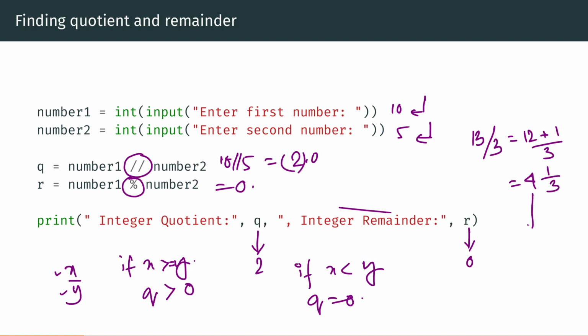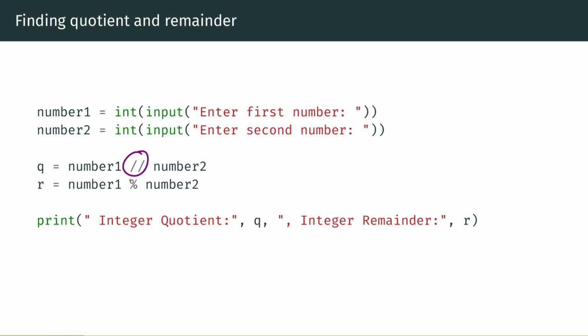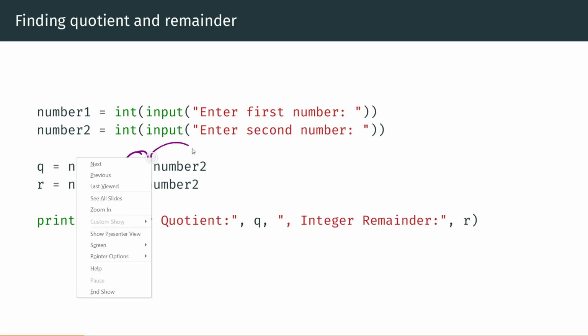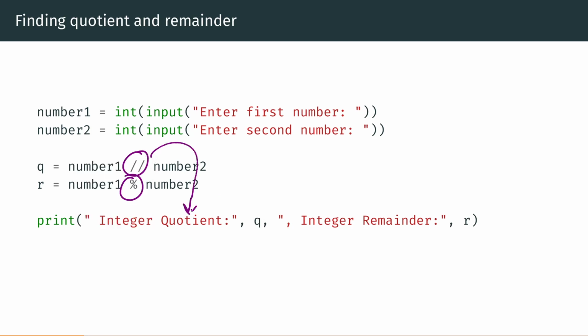So the 4 is your quotient, and the 1 is the remainder. That's how we use these two operators to get the quotient and the remainder. This will give you the quotient, and this will give you the remainder.